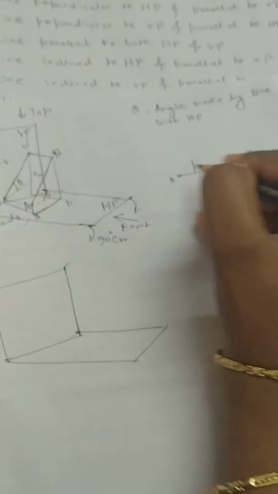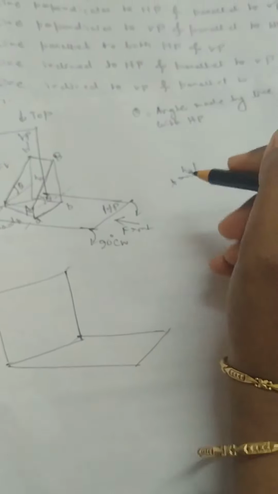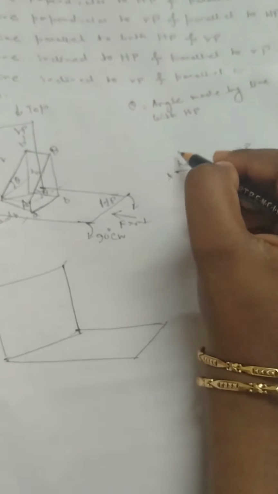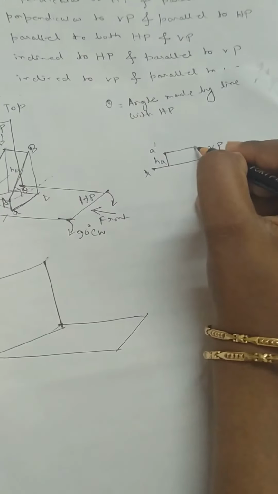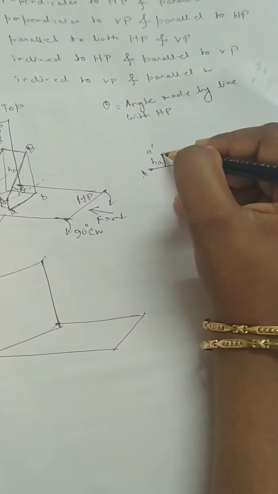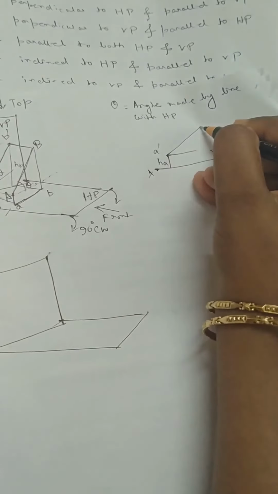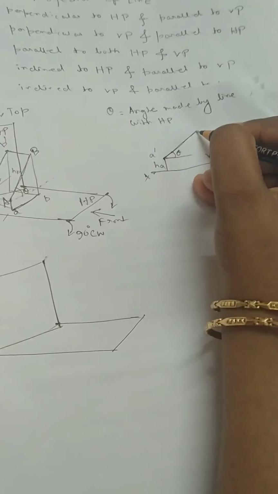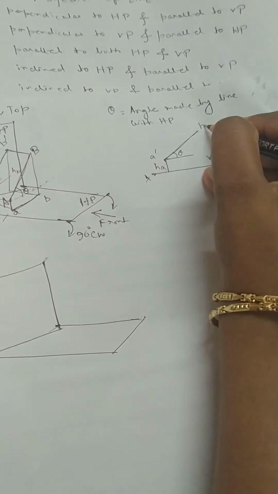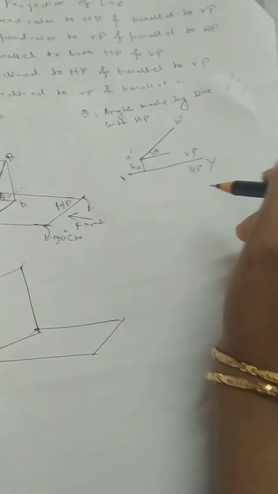So this is our HA length and here our point A dash, and this A will be making an angle theta, and we will plot our true length AB over here and we will get B dash point.